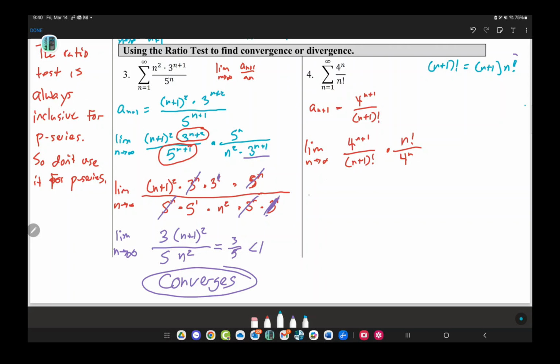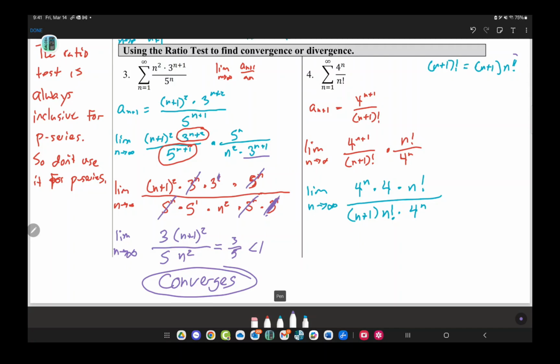So we can write this as the limit as n goes to infinity of 4 to the n times 4 times n factorial over n plus 1 times n factorial times 4 to the n.